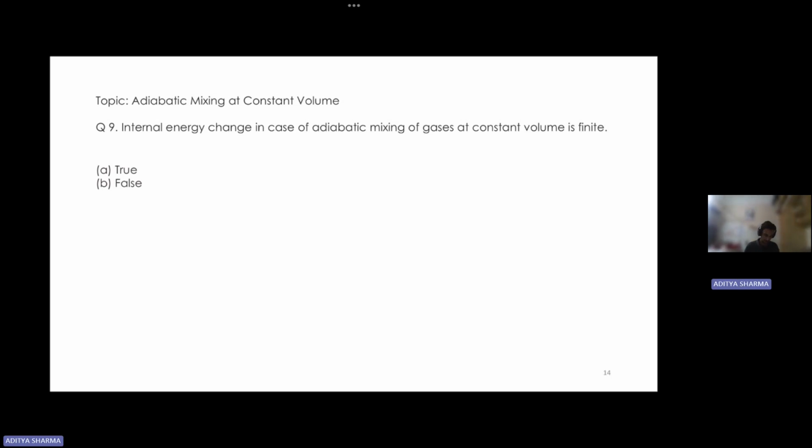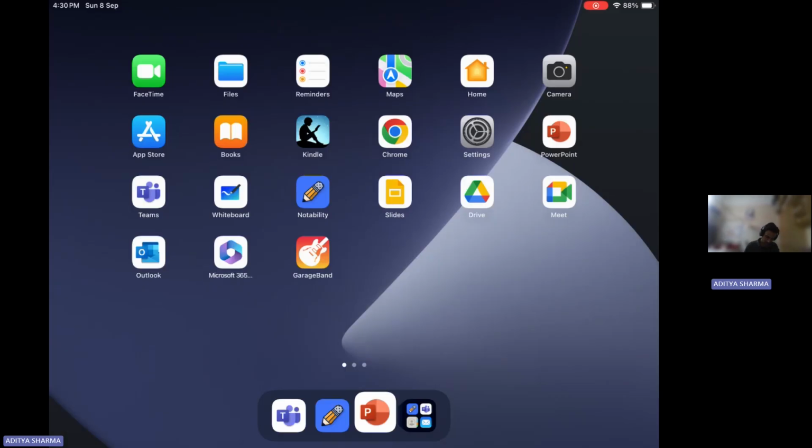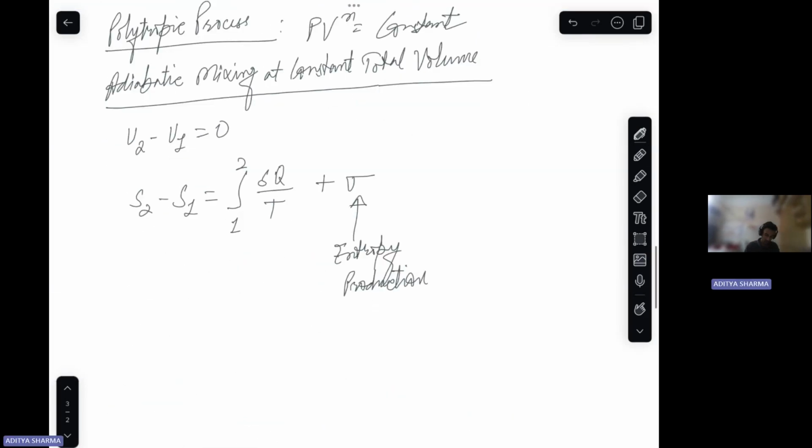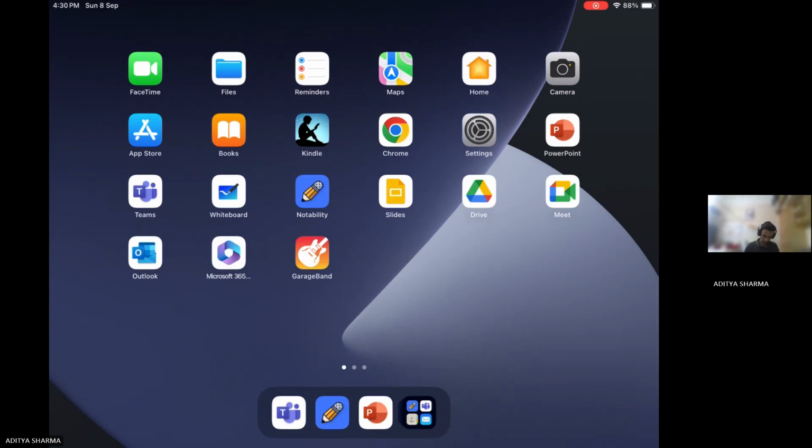So in the discussion of adiabatic mixing at constant volume, we also saw that in adiabatic mixing at constant total volume, the internal energy change from initial to final state is zero, right? That is, the internal energy remains the same.